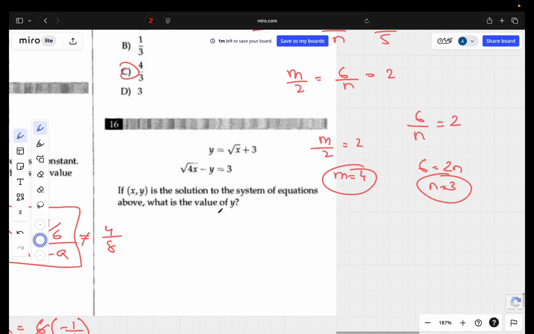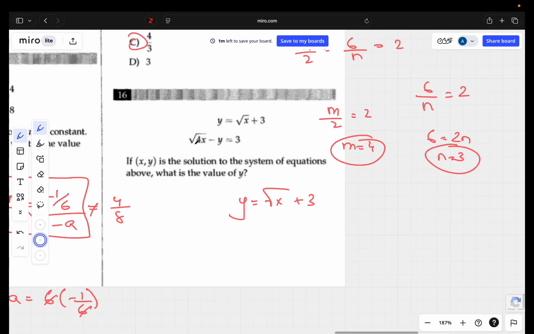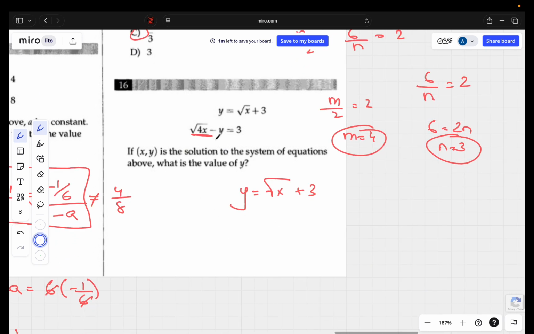Question 16. We need to find the value of y. We can use Desmos, or we can solve it with algebra. Let's use algebra for this. So y is equal to root x plus 3. We have this equation. So root 4x I can write as root 4 times root x, which means root 4 becomes 2, so it's 2 root x.